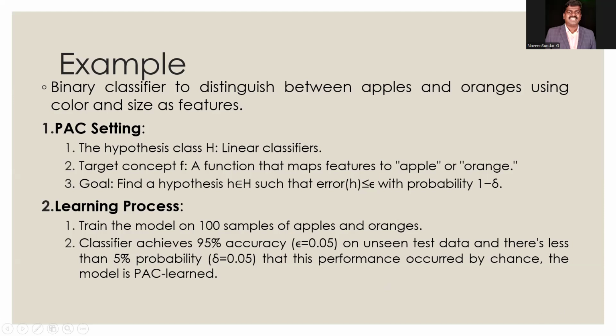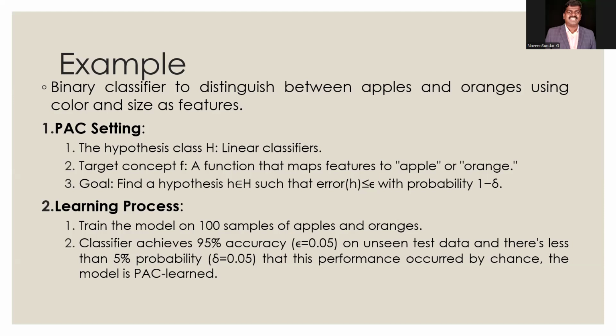Now consider the learning process. Consider training the model on 100 samples of apples and oranges, in which the classifier achieves 95% accuracy. Automatically we know epsilon, the error, is 0.05, that is 5%.